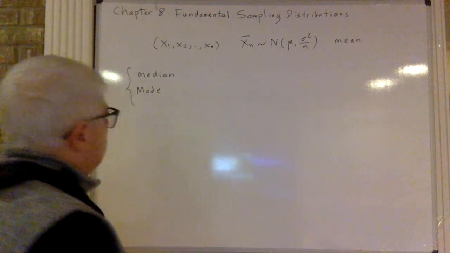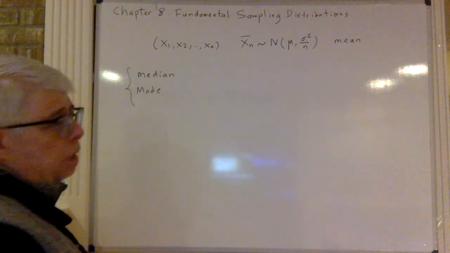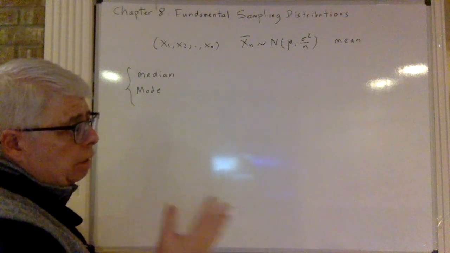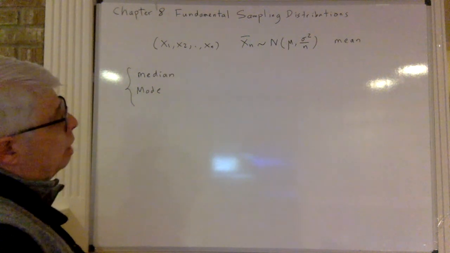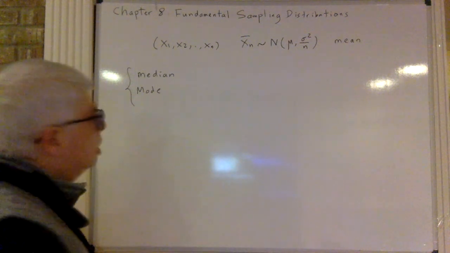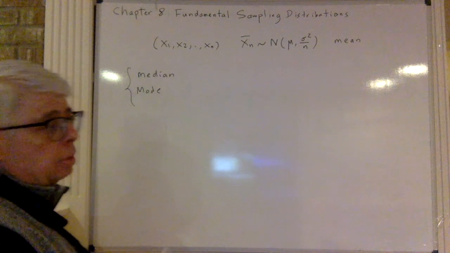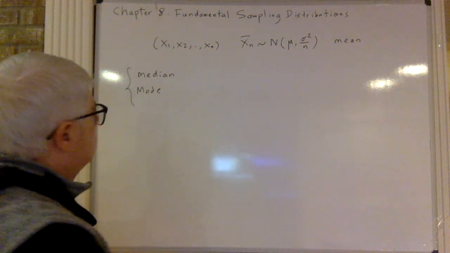For the median, you just look at the data. If you have an odd number and you put them in order, then you pick the middle one. If you have an even number, you pick the two middle ones and find the average of them.